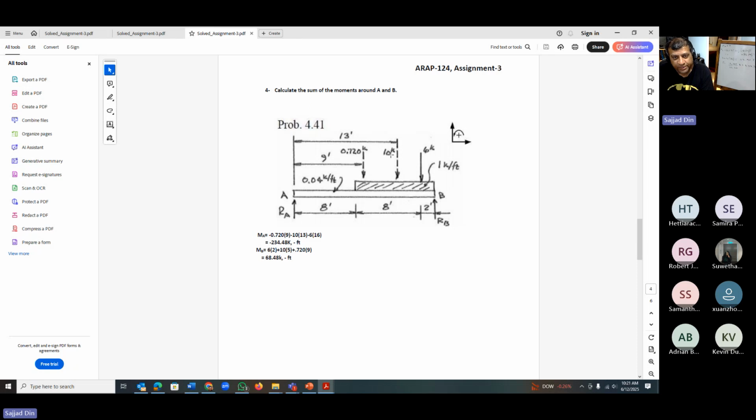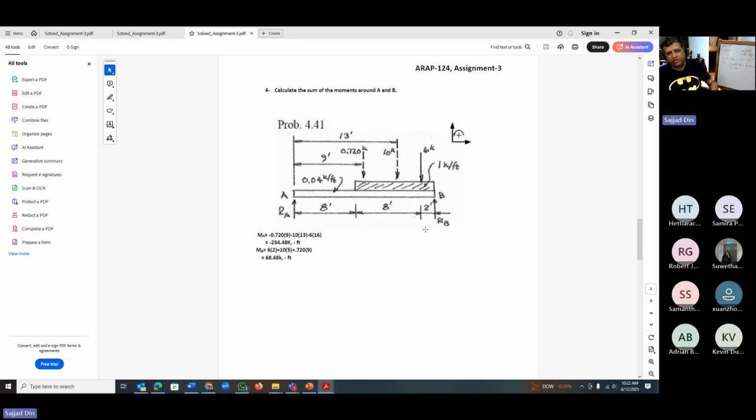It's the same for number 10, 10K times 13, again it's minus, and 6K, this total distance is 18, oh, it's already given, 8 plus 8, 16. So it's going to be 6 times 16. All right, so this question is a lot simpler.